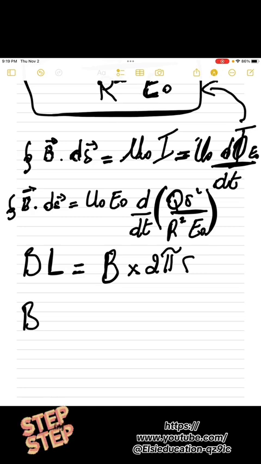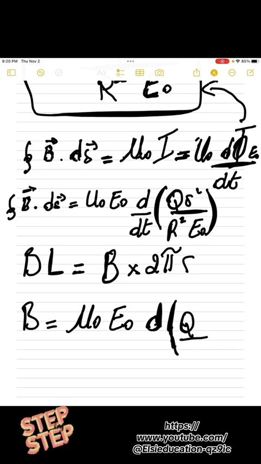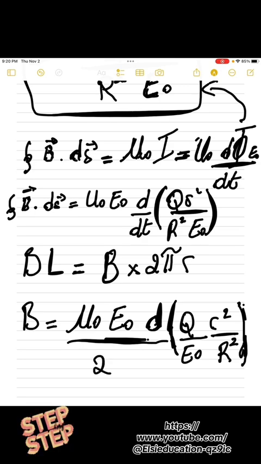So here, the magnetic field is equal to the constant multiplied by the electric field constant, the derivative of the charge divided by the constant of the electric field, multiplied by the radius of the area divided by the radius of the plate, divided by 2π times the radius of the area.